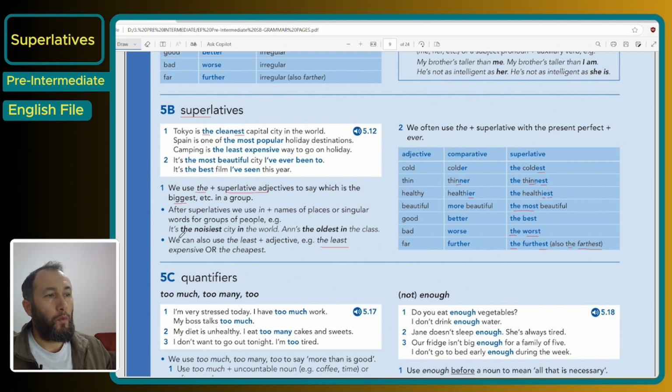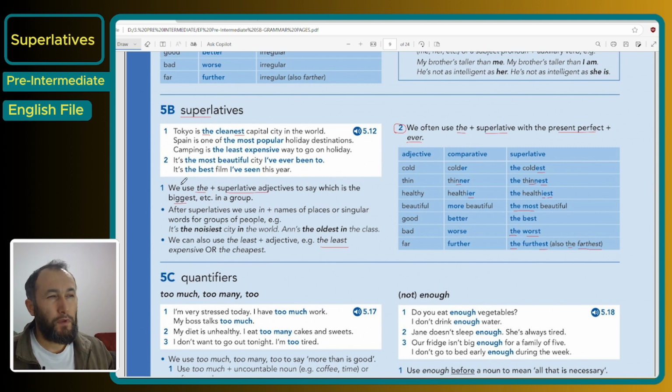Expensive. Now, here, point number 2, we often use the superlative with the present perfect and ever. This is the specific feature that we have to keep in our mind, or we need to try to memorize it. So the superlative comes with present perfect. It can come. I'm not saying it comes or it must come.